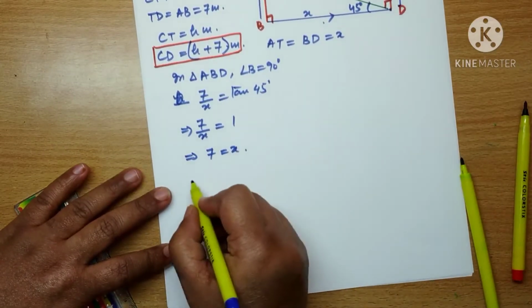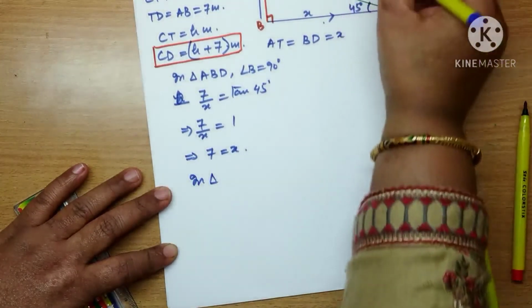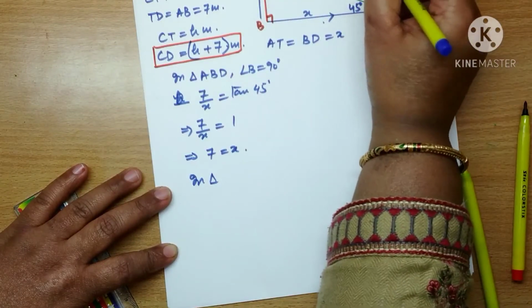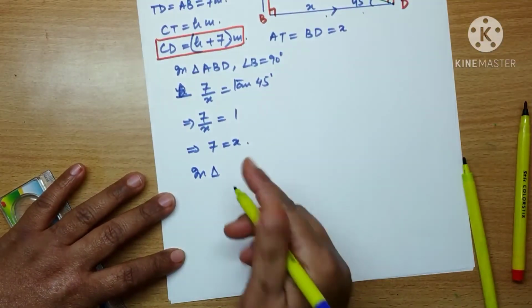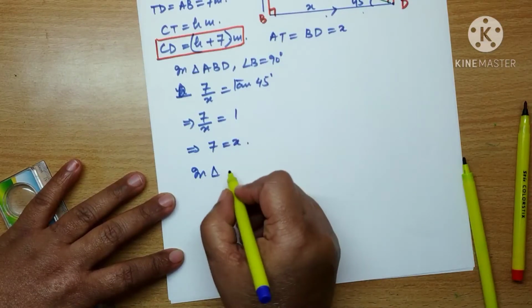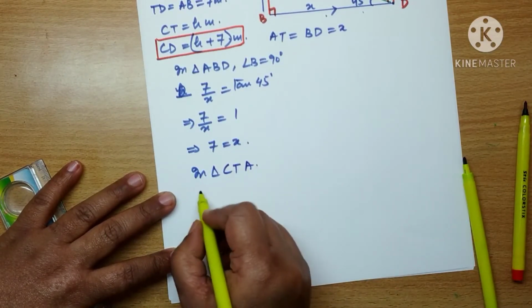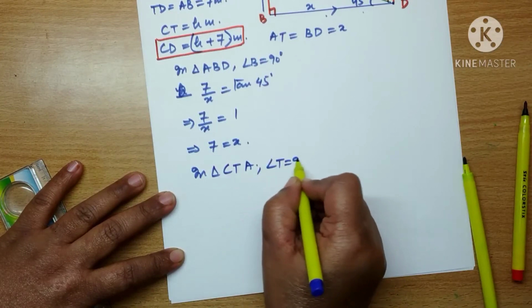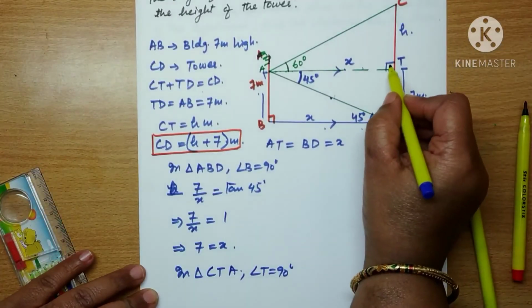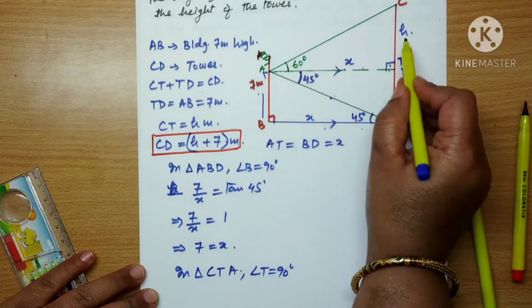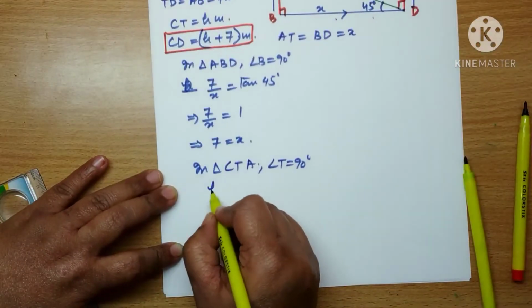Right? Now in this triangle, this angle is 90, so this will be 90 as the lines are parallel, corresponding angles. But you don't have to justify this. In triangle CTA, what do I have? Angle T is 90. In this triangle, this angle is 90. So I have H upon X is tangent 60.